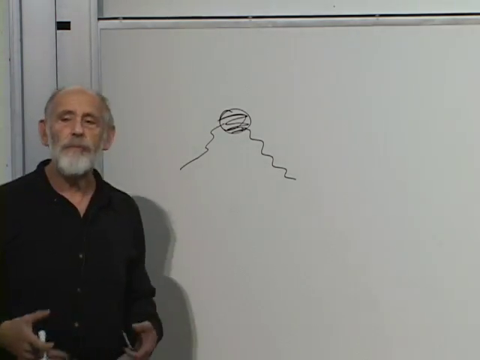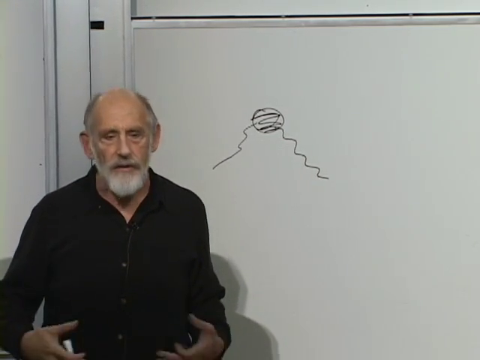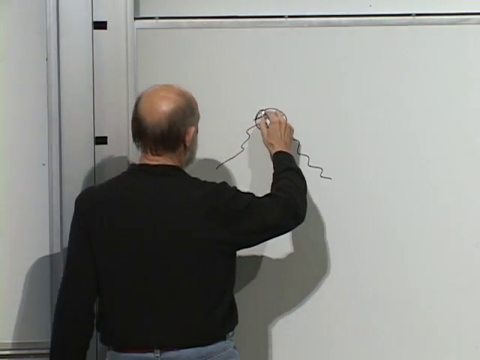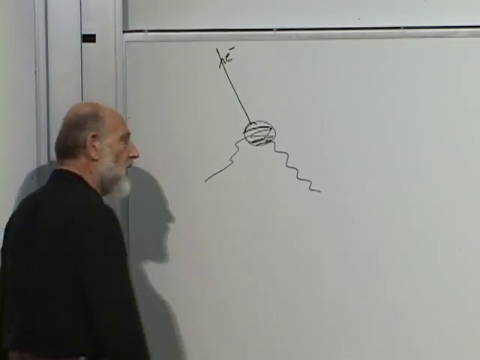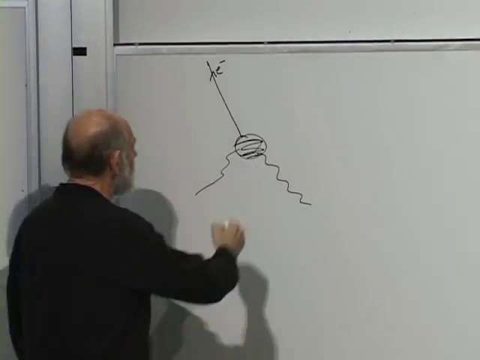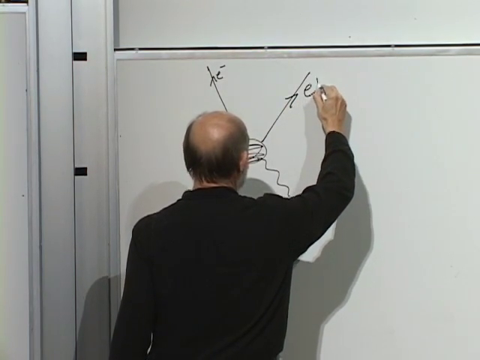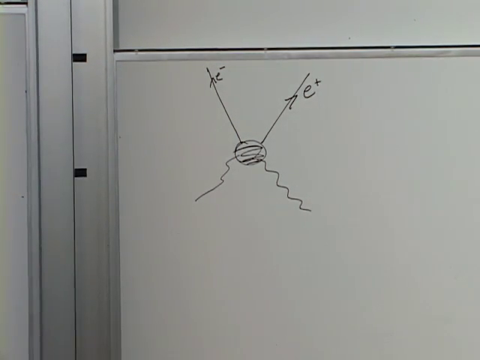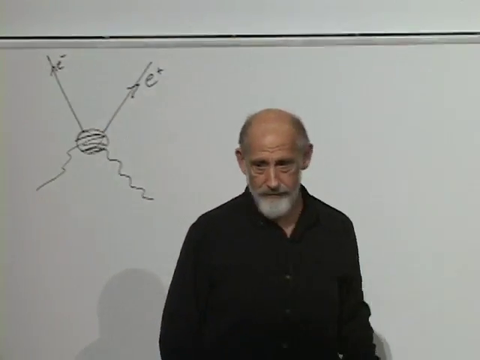But with some probability, a probability of about 1 in 10,000 or something like that, these photons can create an electron. Let's call it E minus. The minus stands for the fact that the electron has negative charge, and a positron, which means the antiparticle of an electron. A positron, which we call E plus. Positrons and electrons are very, very similar to each other.